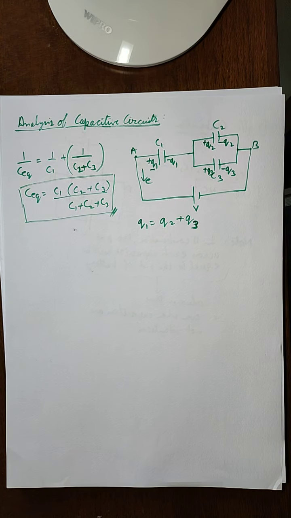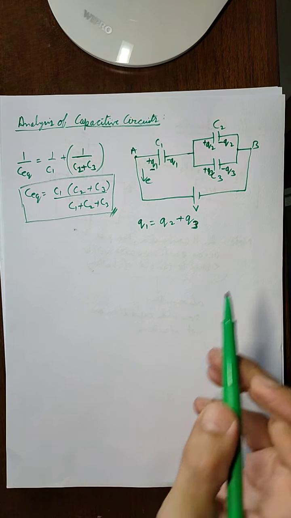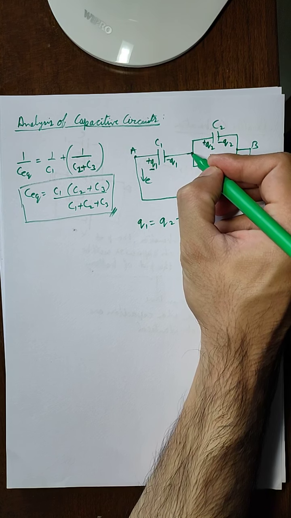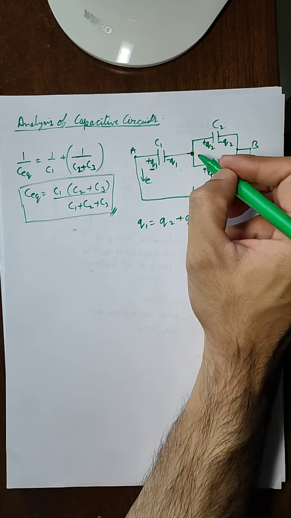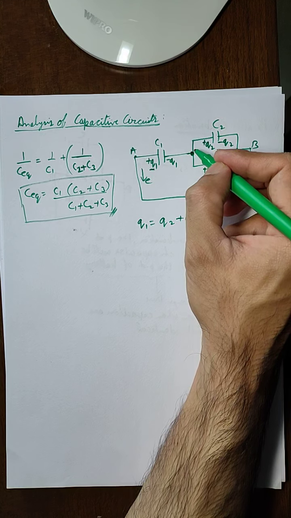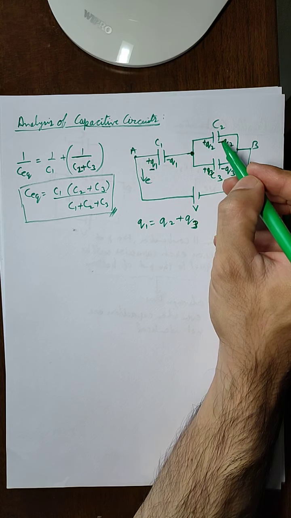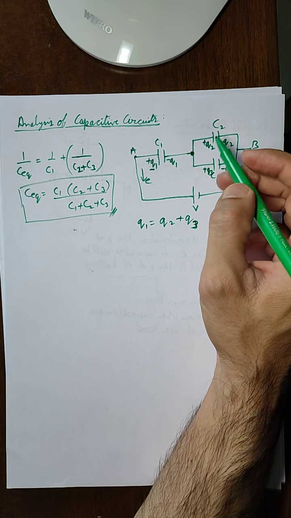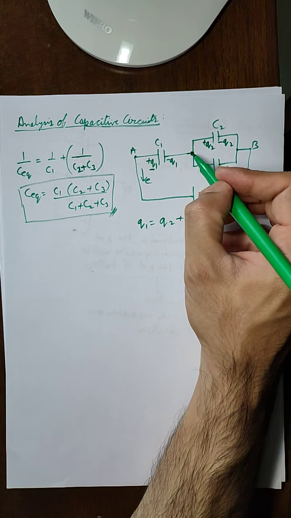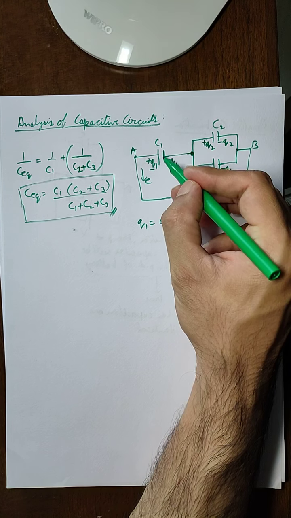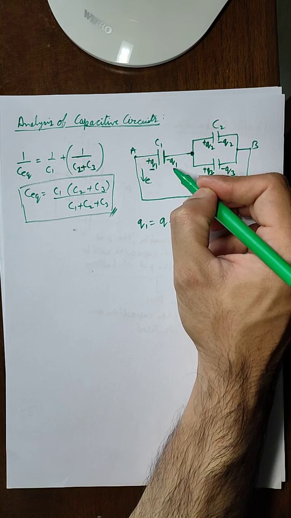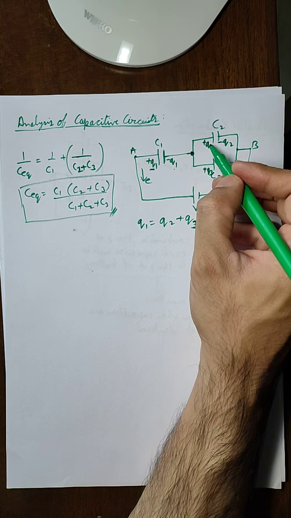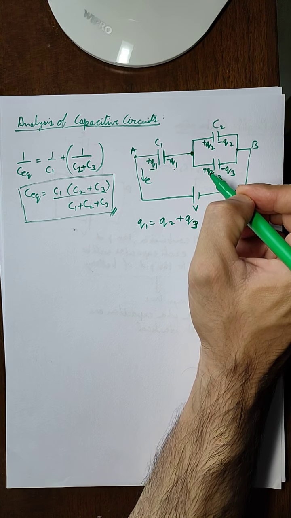Now this result can also be obtained by using what is called a nodal analysis. Let us say that we have this junction between the capacitors. If we take this junction, then the total charge on the right side of this junction should be equal to the total charge on the left side of this junction. In other words, at this junction the total charges present are minus Q1 from here, plus Q2 from here, and plus Q3 from here.